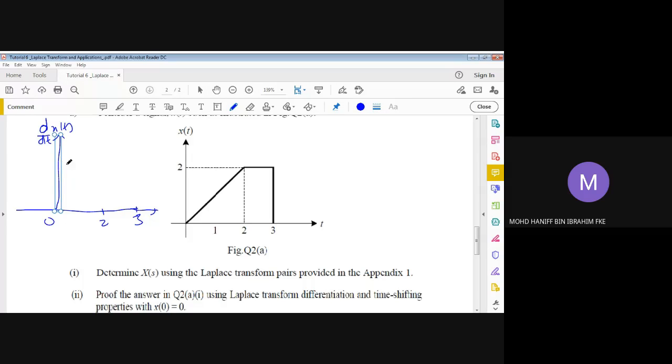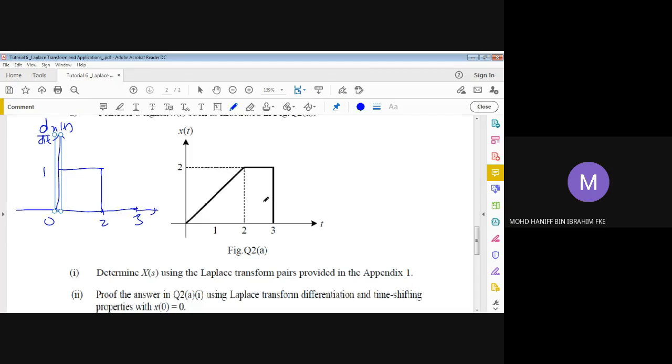Since the slope is 1, the constant will have an amplitude of 1. So that should be the graph between 0 and 2, which is the result of differentiating this straight line with a slope of 1. From 2 to 3, because it's a constant value, that should be 0 between 2 and 3.